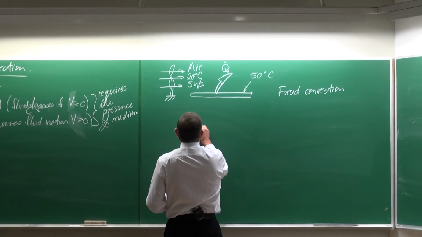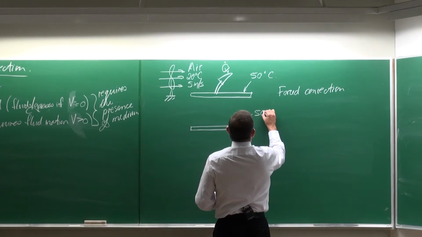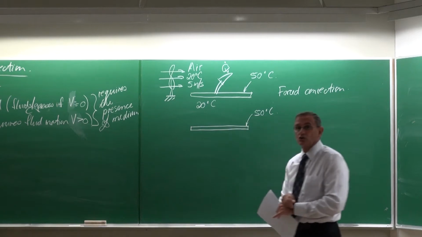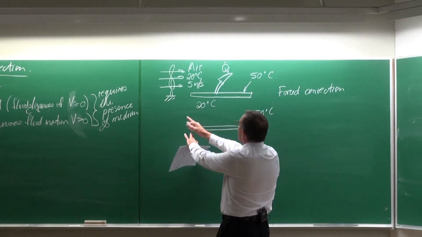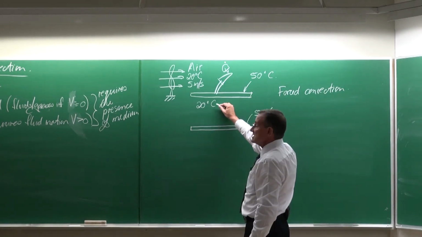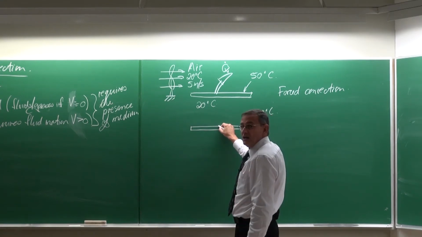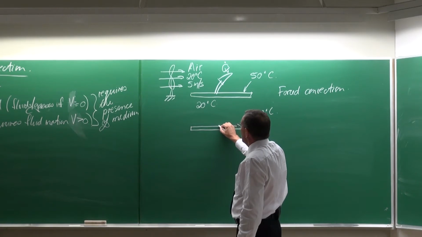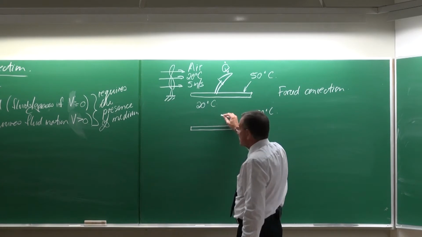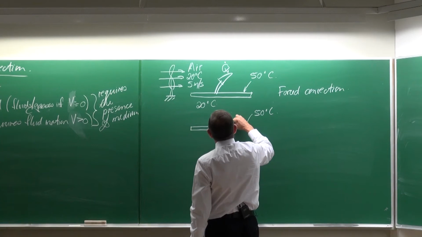The second type is, again, we've got this flat plate at a temperature of 50 degrees Celsius, and now we've got air at 20 degrees Celsius, but the air is not being forced over the flat plate. This air at 20 degrees Celsius will touch the flat plate, the temperature of the air will increase, and that will cause a buoyancy force. So the air close to the plate is going to move upward like that.